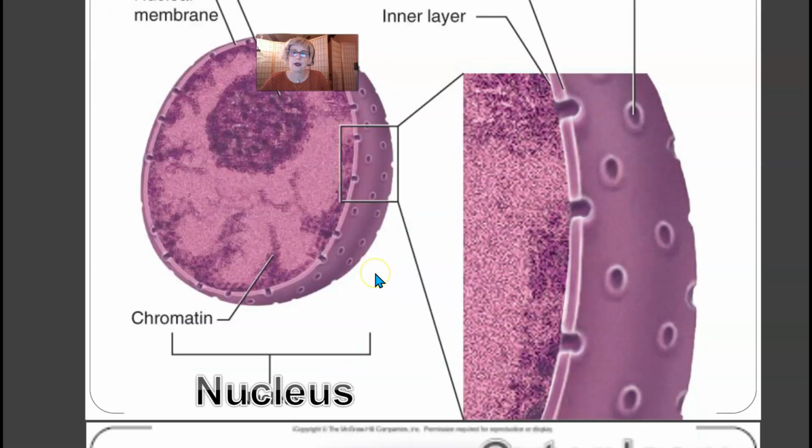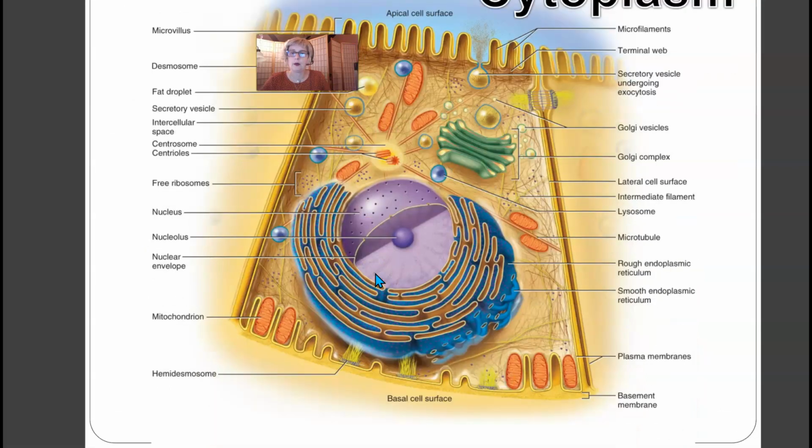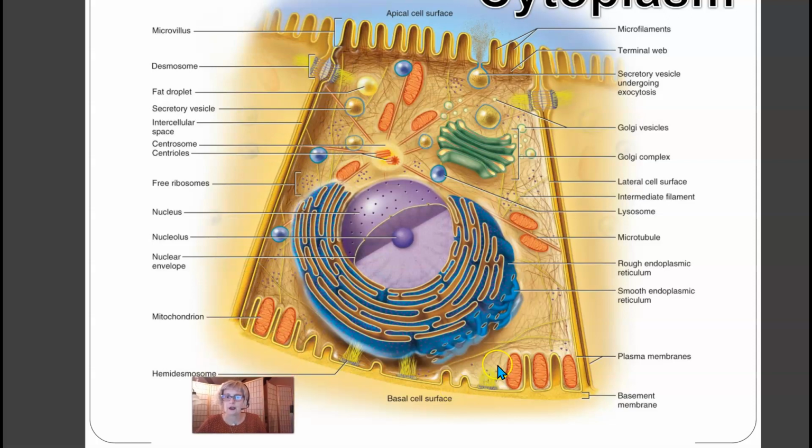Please make sure that you study the structure, and you will be able to hopefully identify all the structures in the cell. Okay, so to quickly review one last time, don't forget about the mitochondria, the powerhouse of the cell. We are making ATP there. Don't forget about the smooth endoplasmic reticulum and its function. Don't forget about the rough endoplasmic reticulum and its function.